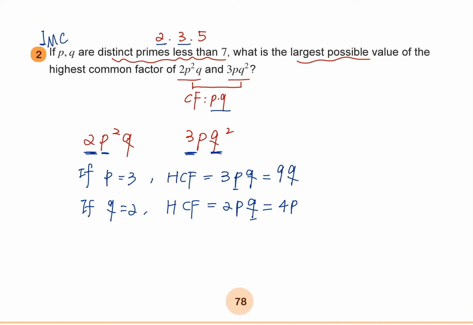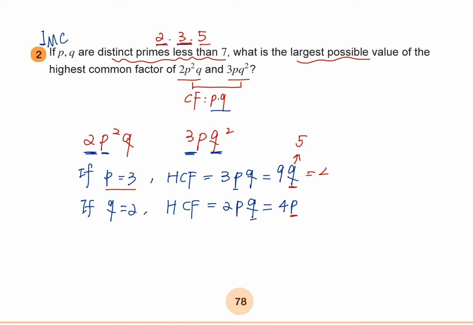Okay, in that case, let's see what the possible values for p and q are here. If p is 3, then you can choose q from 2 and 5. If you want it to be larger, of course, you want q to be 5, the larger one.